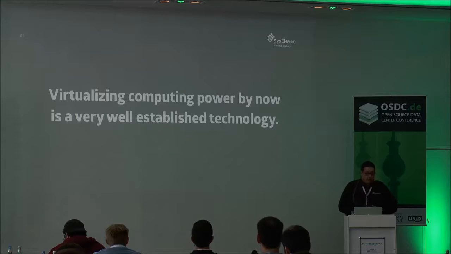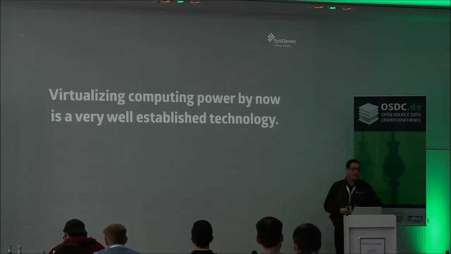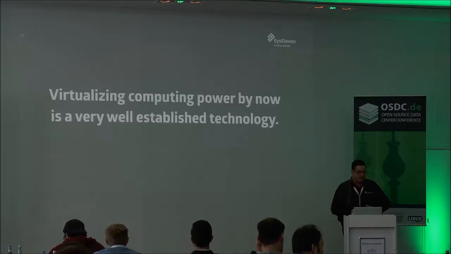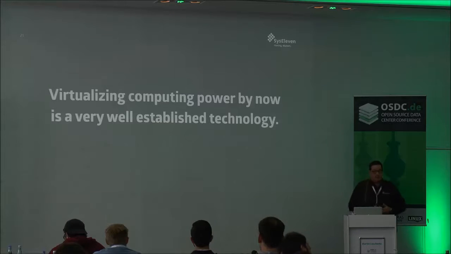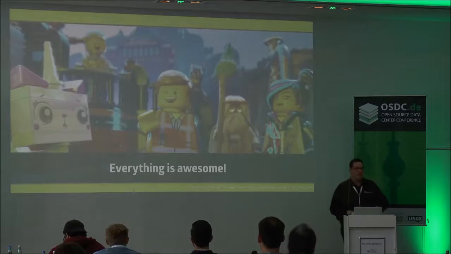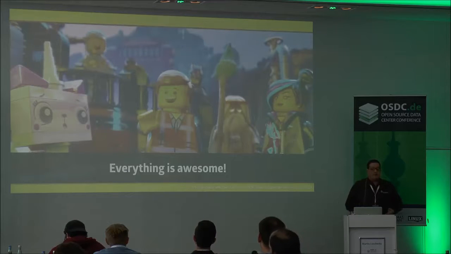Virtualizing computing power by now is a very well-established technology. We have KVM, we have Xen, we have VMware, we have Hyper-V. For every major operating system, there is at least one big solution for computing virtualization available, and for most operating systems, there are multiple solutions. So when it comes to computing virtualization, everything is super awesome, and we couldn't be happier with the situation that it currently is.